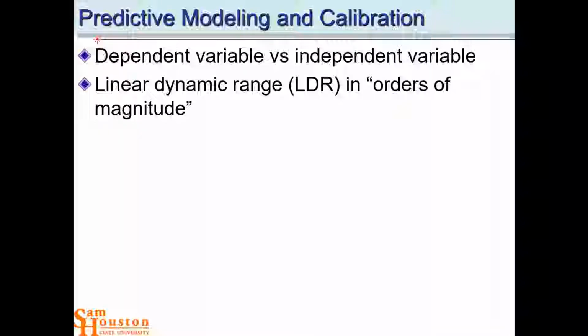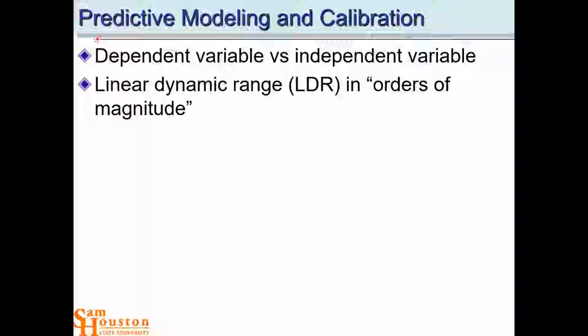And so your signal has really only got 2 orders of magnitude, whereas peak areas on a gas chromatograph can range from small peak areas, which might be in the thousands, up to enormous peak areas, which might be in the millions. Okay, so going from 1,000 to a million, you've got 3 or 4, depending on if you count the 1 or not, you've got 4 orders of magnitude. And if it's linear across that whole range, then that's what we're talking about. The linear dynamic range of your calibration may go from 1,000 to 1,000,000.